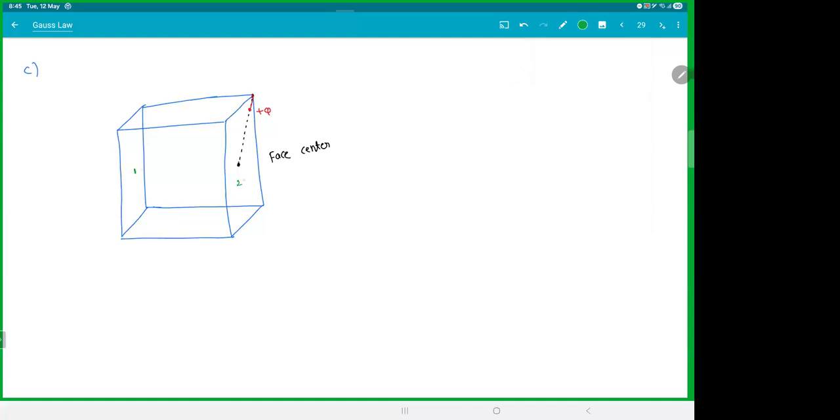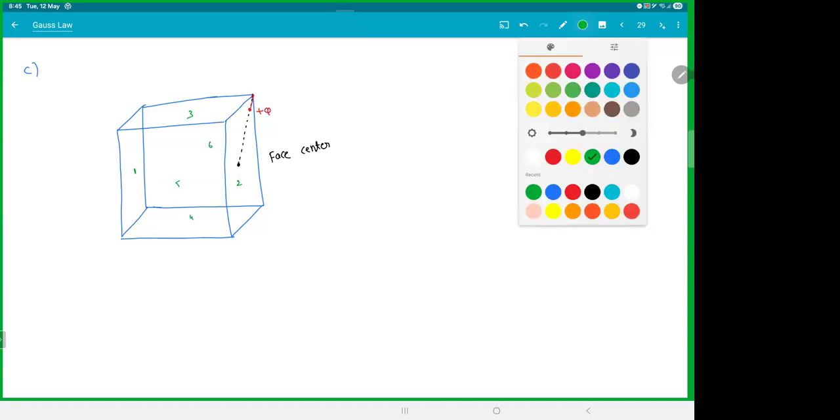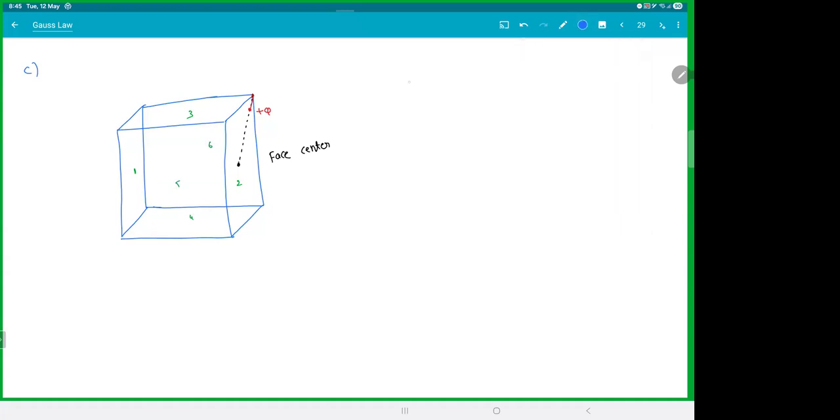So this is 1, this is 2, 3, 4, 5, and 6 is behind. If the charge plus Q is moved slightly, very small, negligible almost, but it is moved slightly towards the face center of 2. Now find the flux on each face.